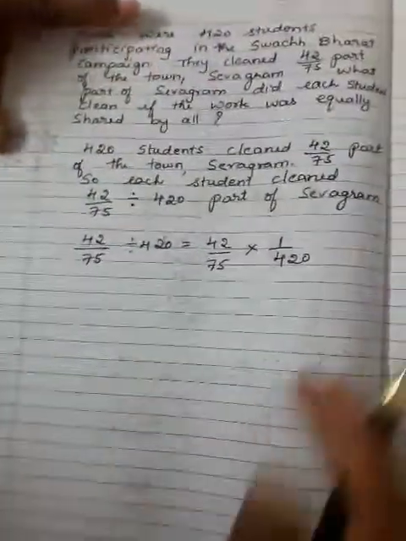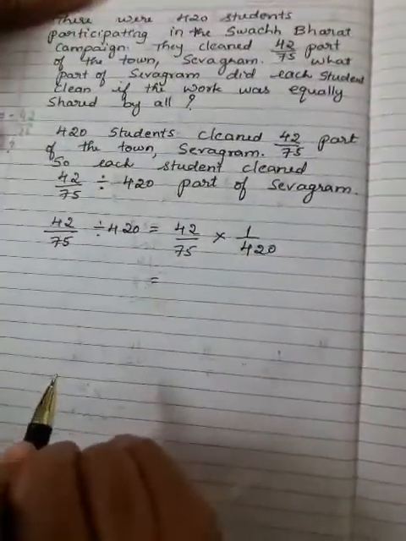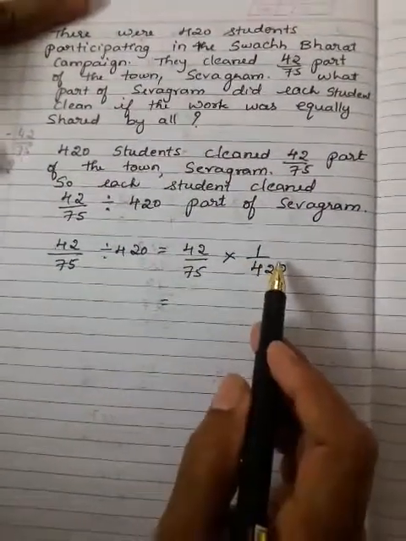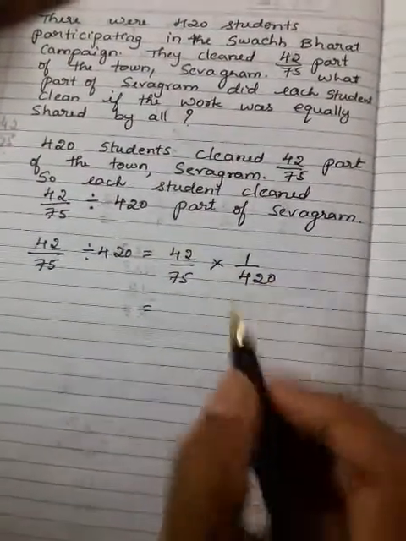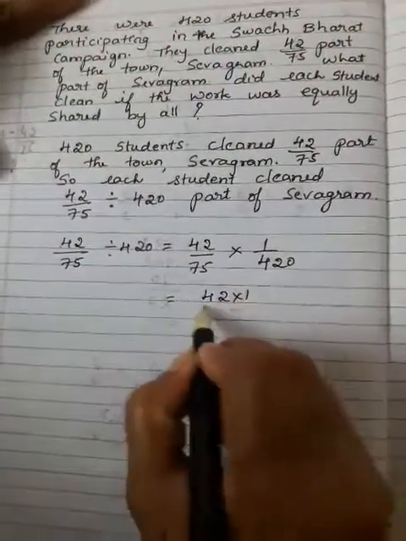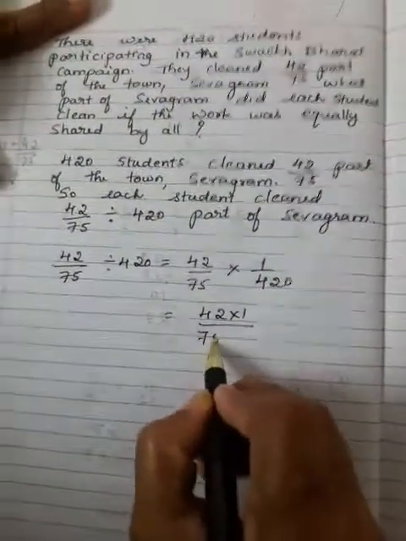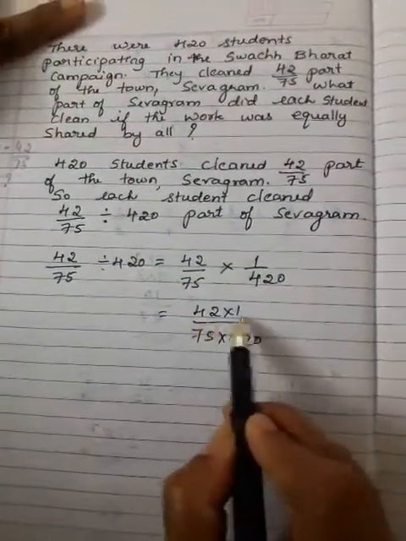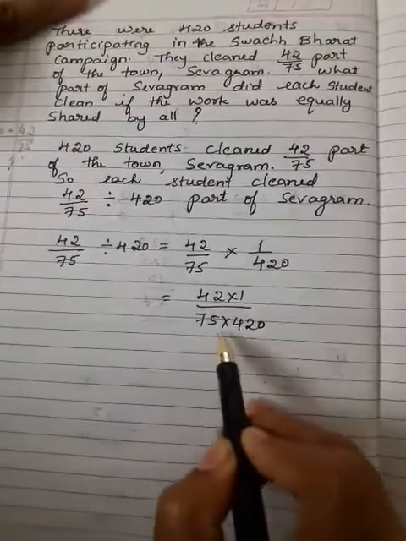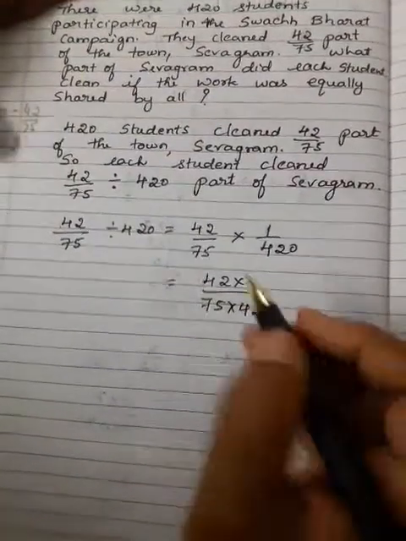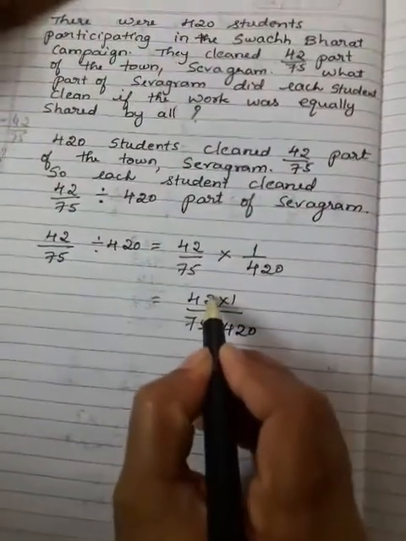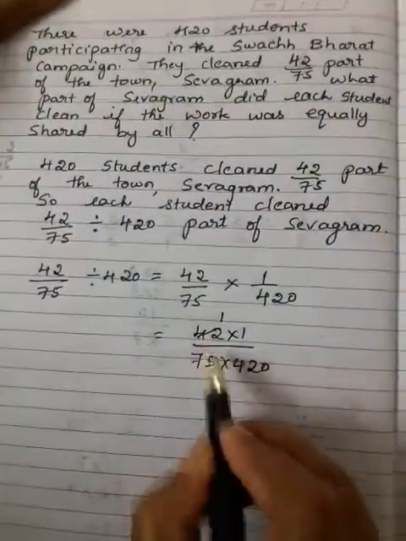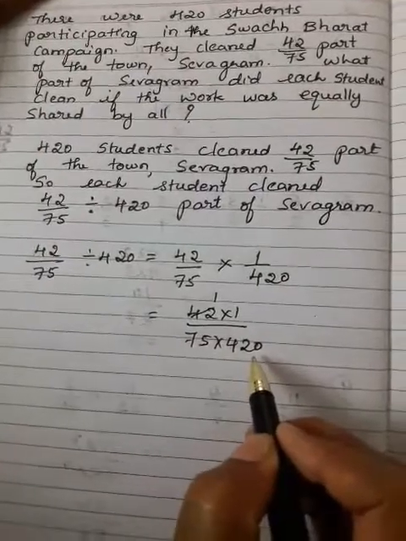Right? So now multiply numerator by numerator, denominator by denominator. One method is to multiply and write the product 75 into 420, or one more method, students, is cancellation. 42 and 420 are divisible by 42.